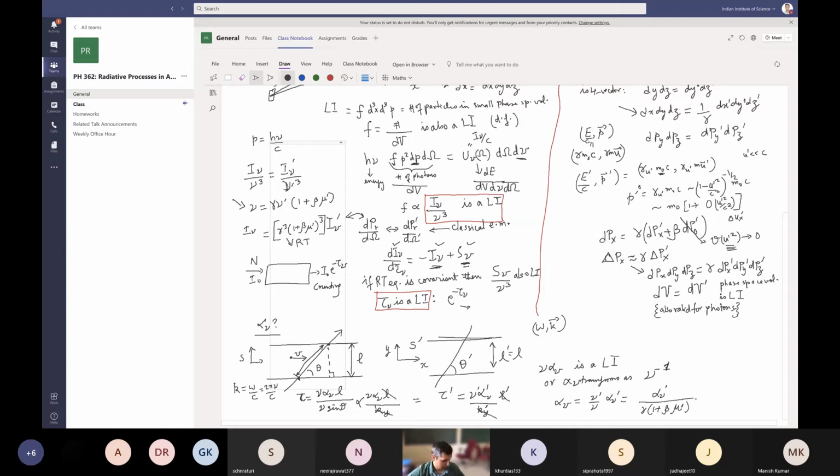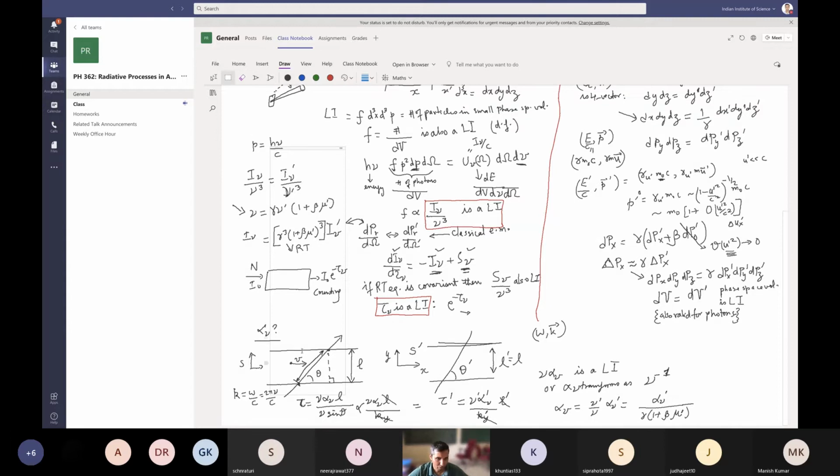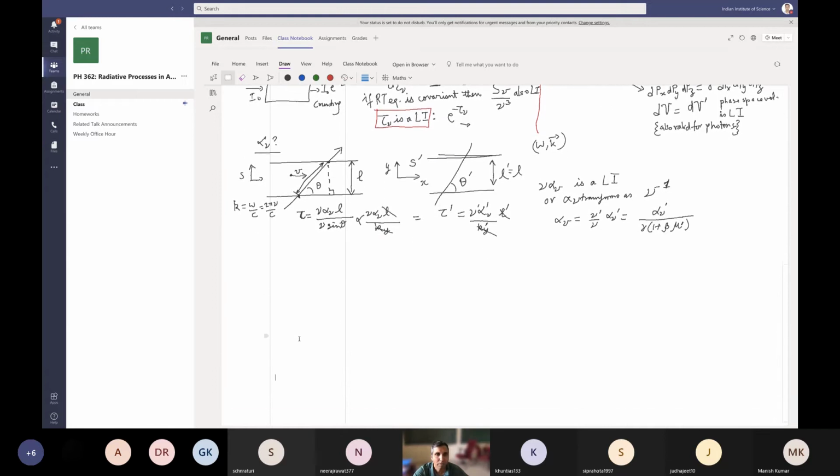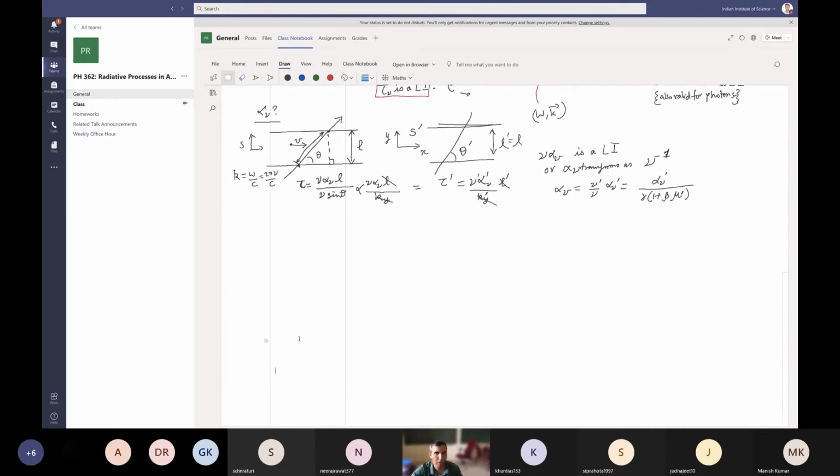Good. What about J nu? There are other radiative transfer quantities. What about J nu?